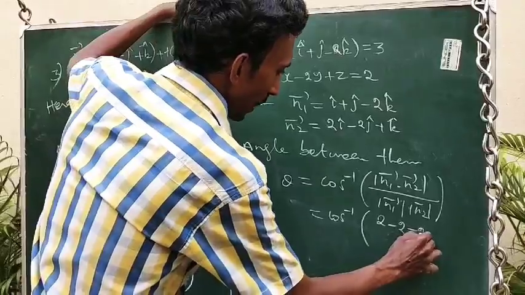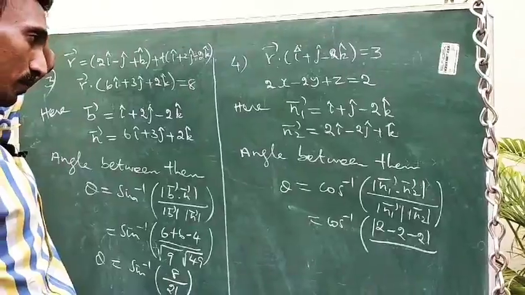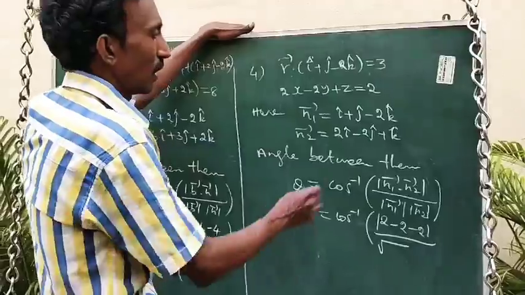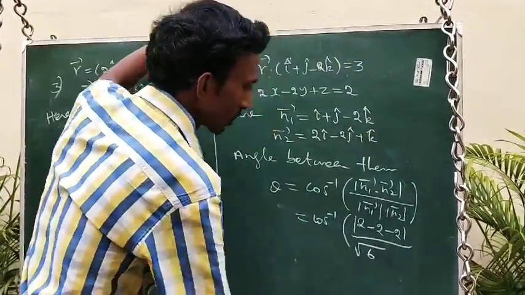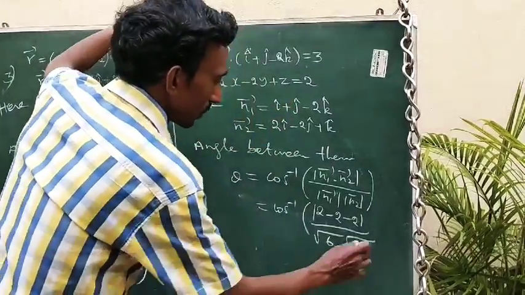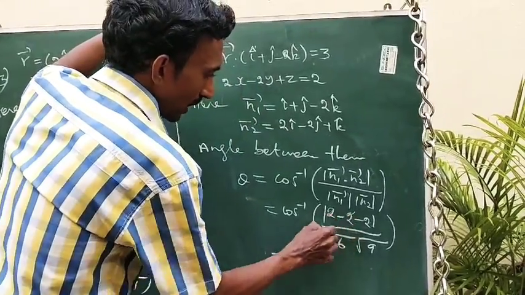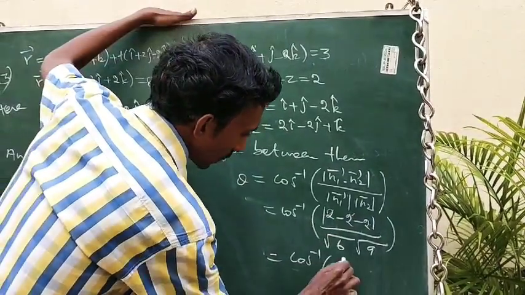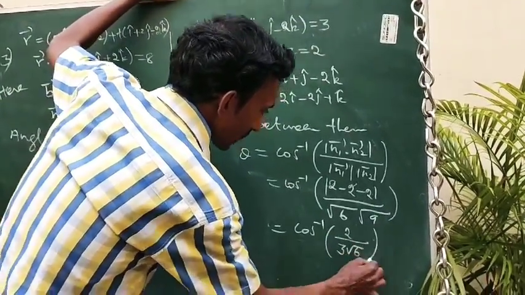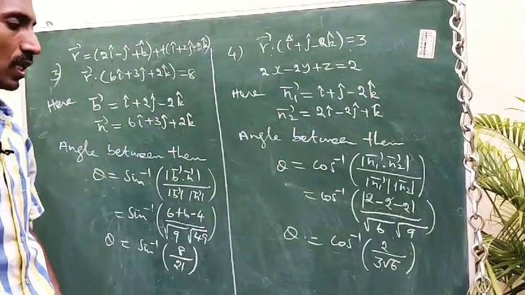Now the modulus value: 2 minus 2 by root of 1 plus 1 plus 4, root 6, into root of 4 plus 4 plus 1, 9. So cos inverse of 2 minus 2 cancel, minus, but the modulus value is plus 2. Square root of 9 is 3, so root 6. So the angle between the planes is cos inverse of 2 by 3 into root 6.